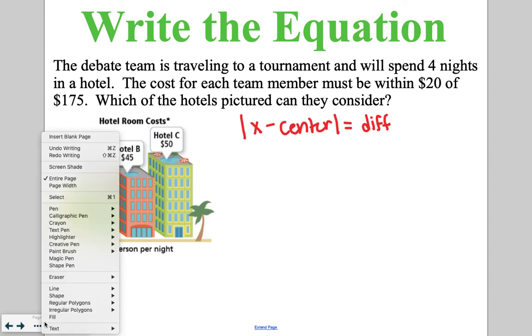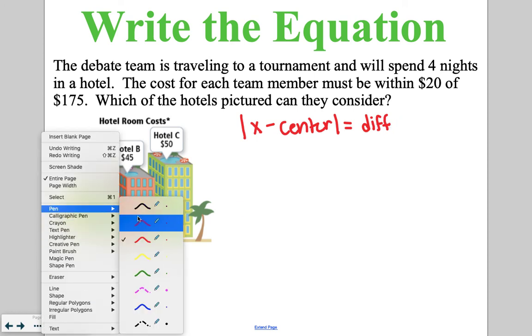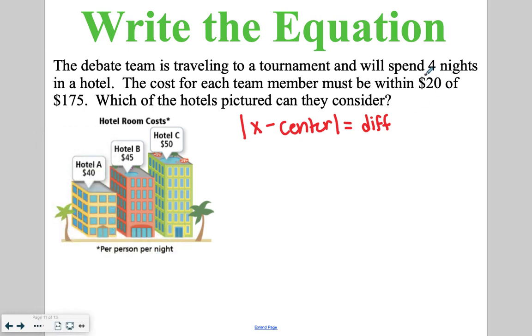A few things I want to point out in this particular equation. First, they are spending 4 nights, so instead of just being x, it's going to be 4x. And then our central point needs to be around $175. So that's going to be our center. And then it's saying within.